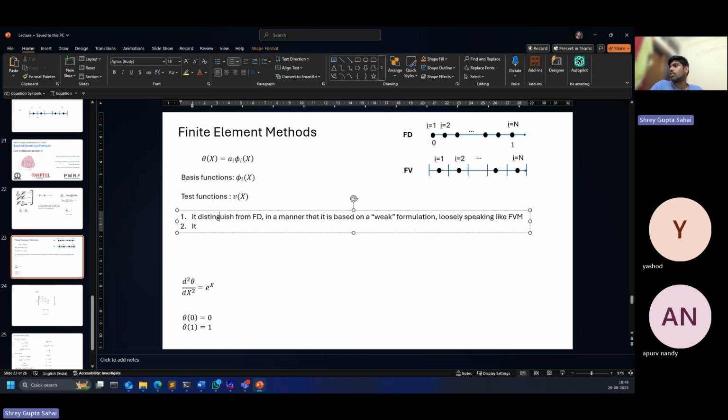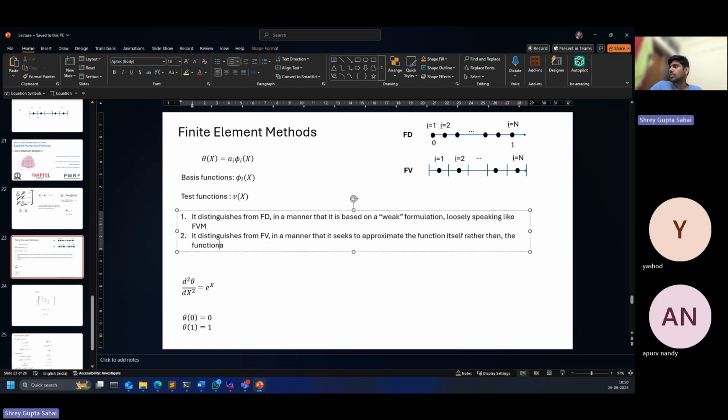And I'll also write how it is different. It distinguishes from finite volume in a manner that it seeks to approximate the function itself rather than the functional values.